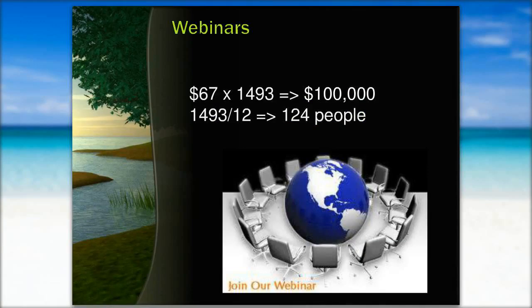Webinars, $67 for a webinar. Depending on the content, that could be a good price. And again, 1493 in a year, or 124 people every month would get you to that.